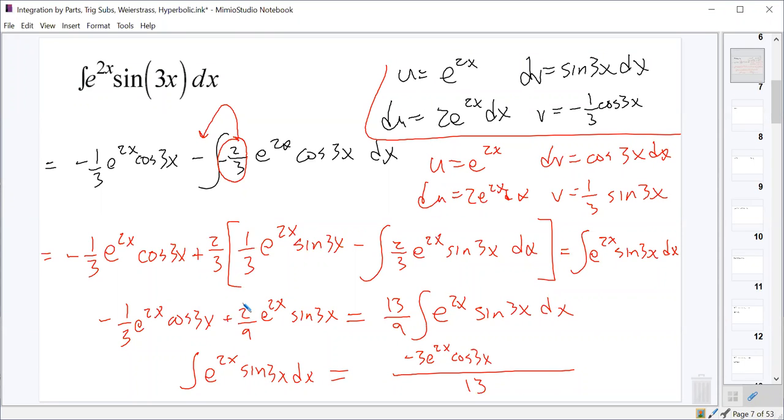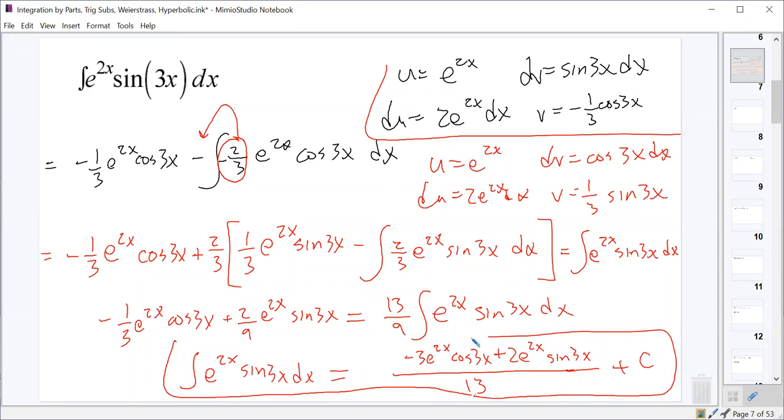And this one's just going to become a plus 2 e to the 2x sine 3x all over 13 plus our constant. Good or no? Anybody have any questions, any issues, any problems with any of that?